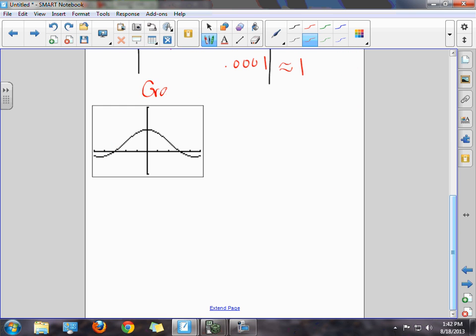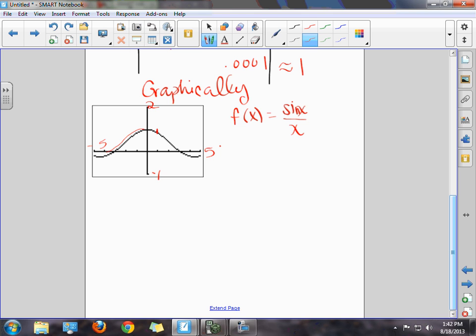And so here is a graph of sine x over x. This is negative 5 down there, and then this is 2, and I think that's negative 1 there. So you can look at the graph and see what happens from the left as x approaches 0.